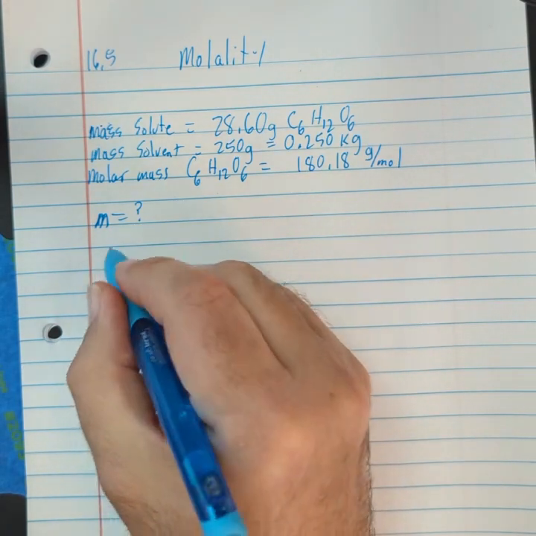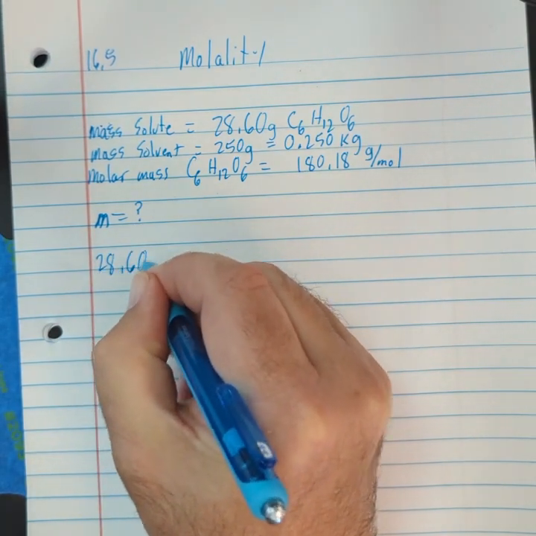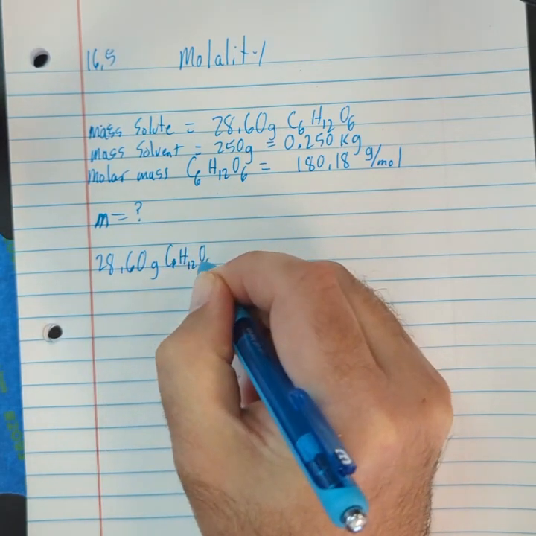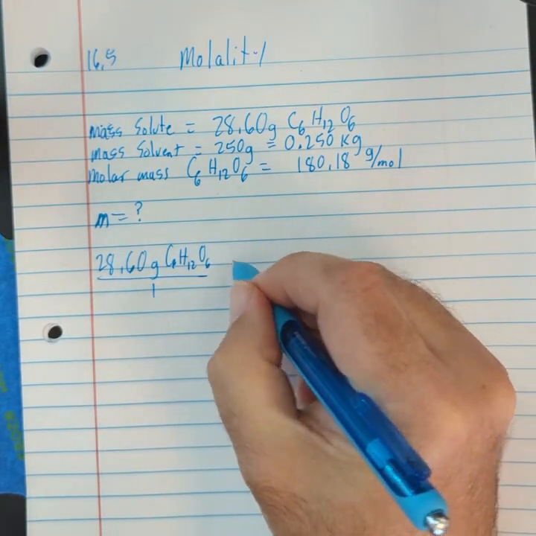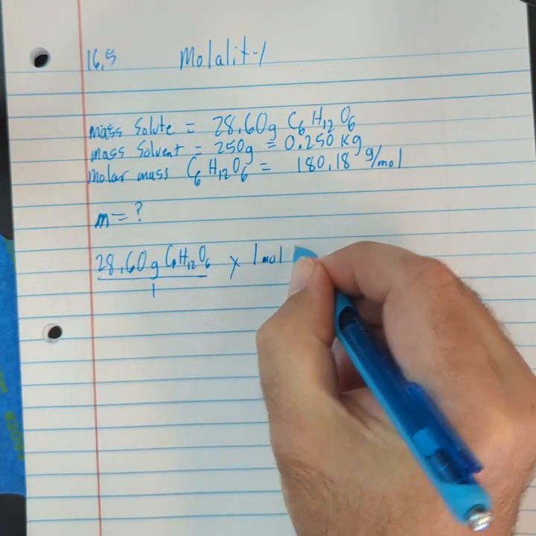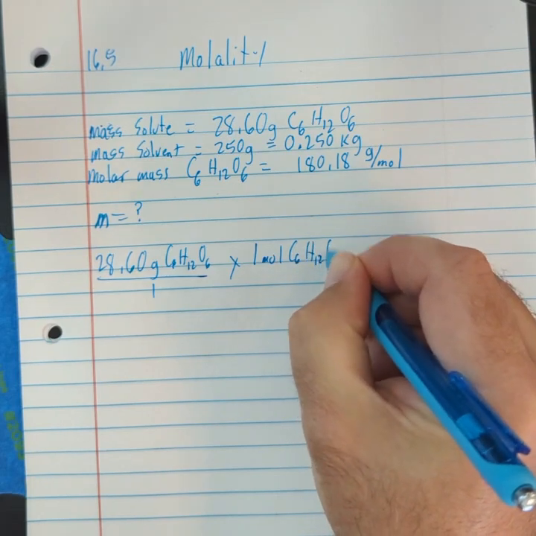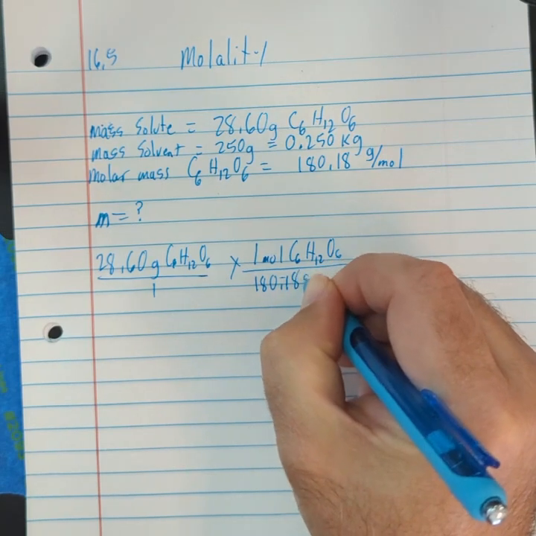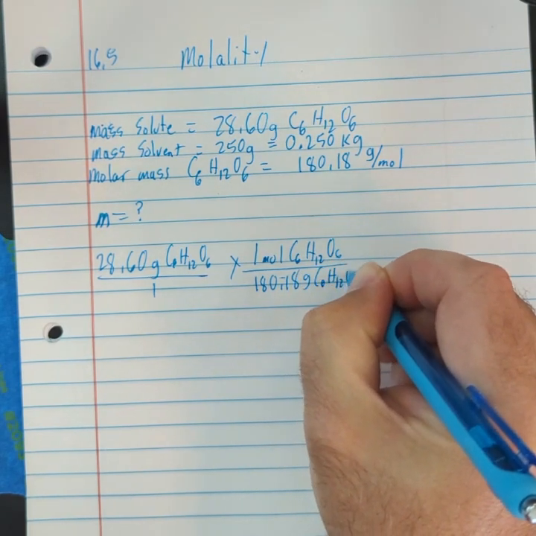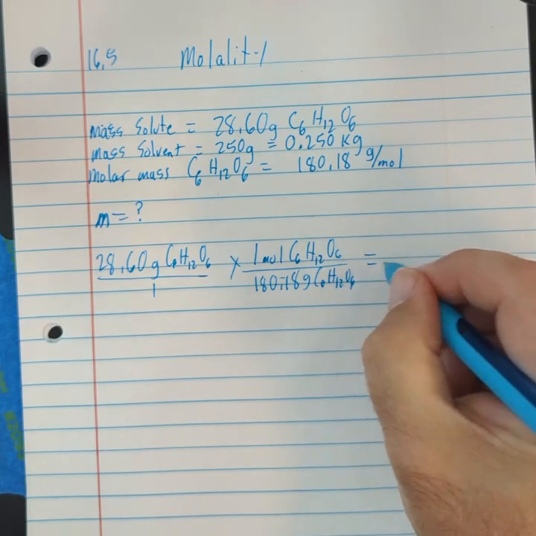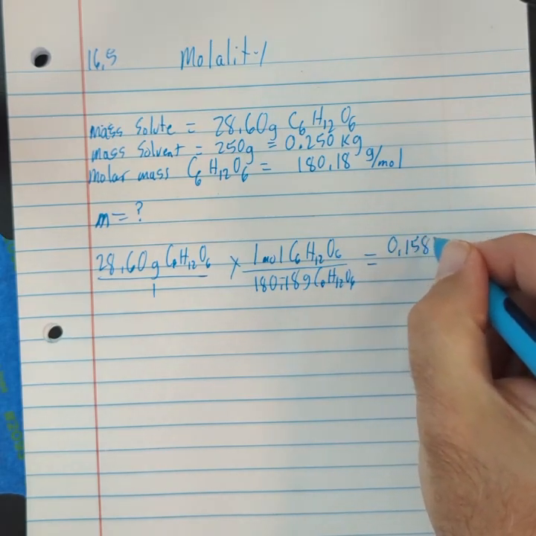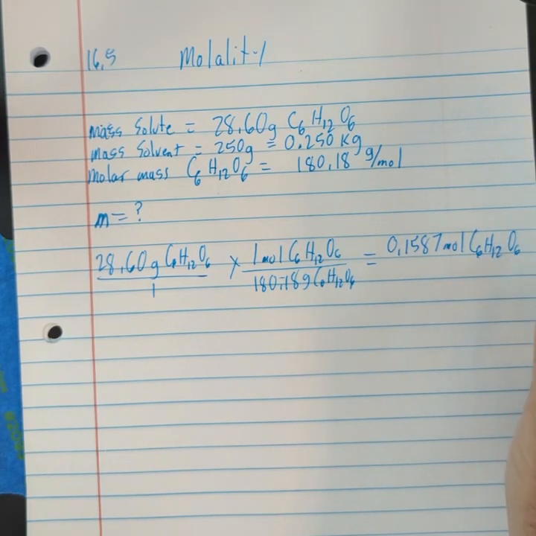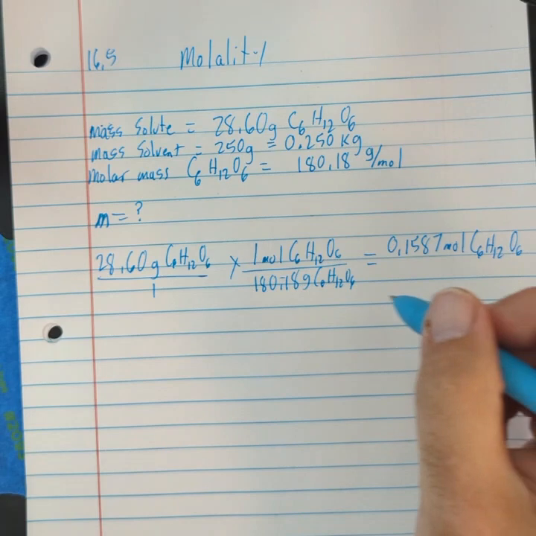So we're going to say 28.60 grams of C6H12O6, and that's over 1, times 1 mole of C6H12O6 divided by 180.18 grams C6H12O6, and that's going to be equal to 0.1587 moles of C6H12O6. That's how many moles of sugar we have.